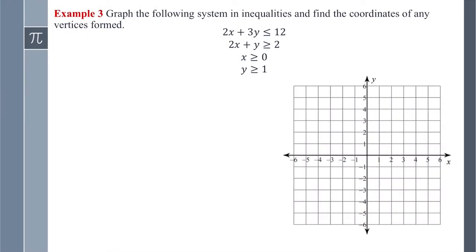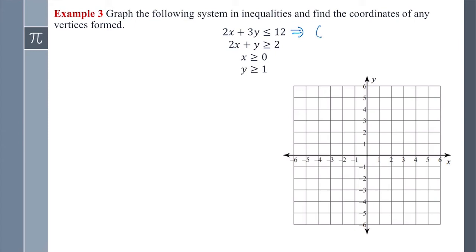Now let's take more than two inequalities. In this one, we are going to graph them, and the solution set, which is also known as the feasible region, will give us a shape, and we'll write the coordinates of the vertices. Okay, so for the first line, the x-intercept is, if I make y 0, I get 2x equals 12.